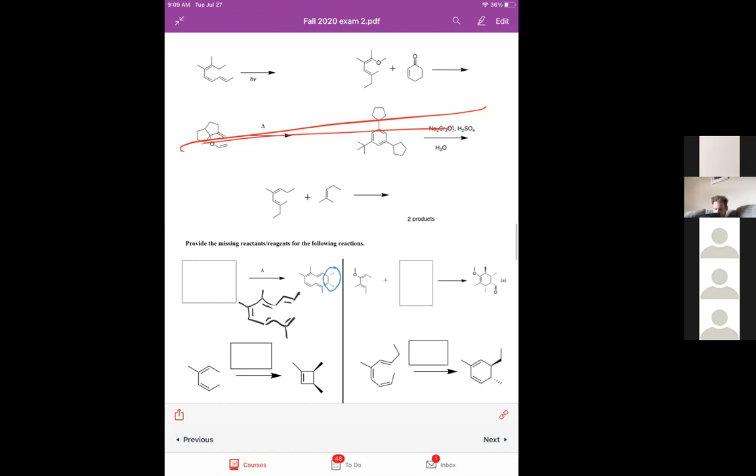We can either start with this or this. You either have them cis to each other or trans to each other. You could switch which one is cis and which one is trans and it would still be correct. We're using heat, so we have to determine which one is going to give us this syn product and which one will give us a trans product.